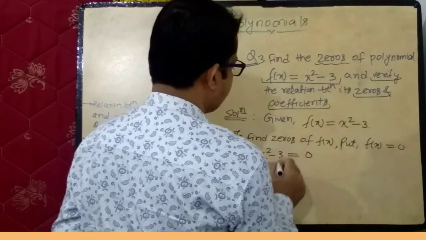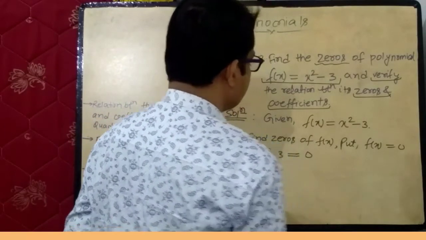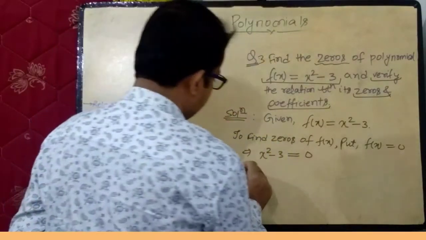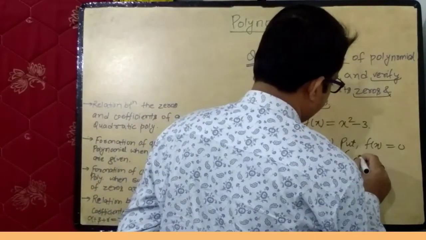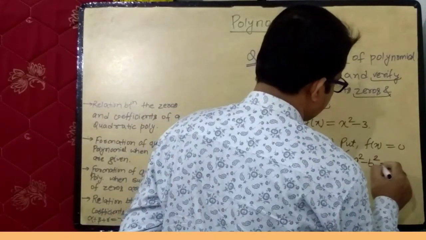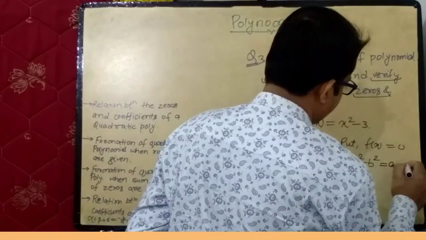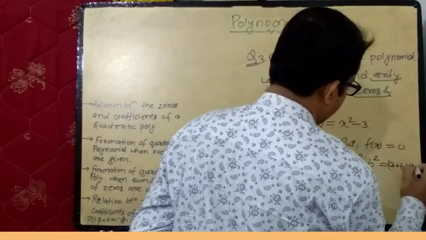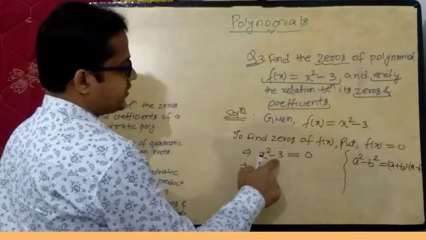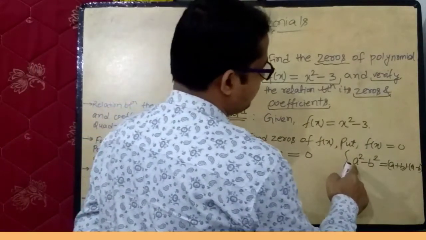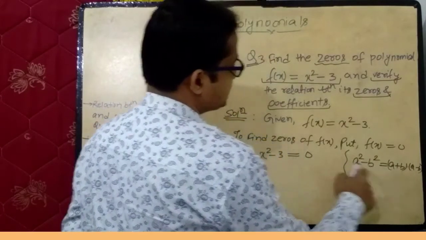Now we have to solve this and find the values of x. In order to solve this, I am using the formula a square minus b square equals a plus b into a minus b. Can we write this x square minus 3 in terms of a square minus b square?